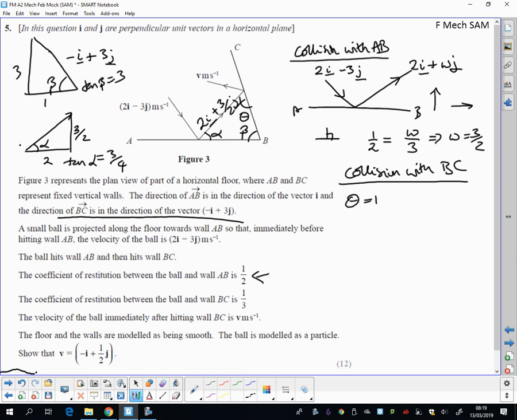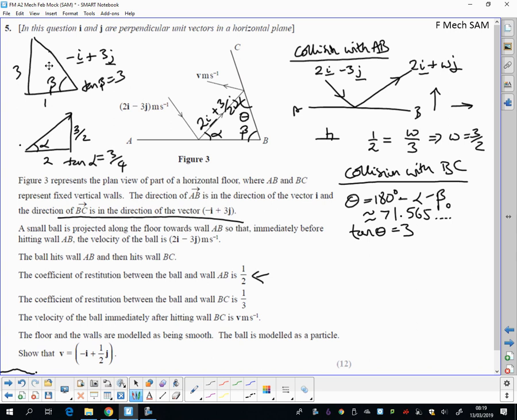Theta is obviously looking at a triangle. It's 180 degrees, take away alpha, take away beta. So that makes that, if you use all the angles we found so far, approximately 71.565 and so on degrees. And you can work out that tan theta is 3.